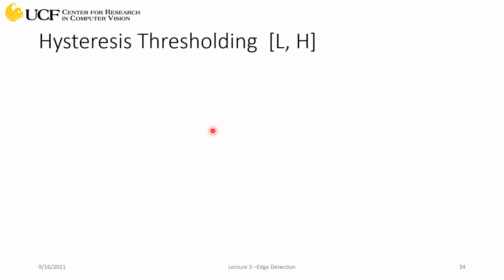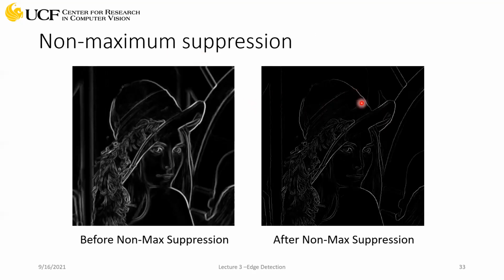Now, the second concept was hysteresis thresholding, and again, this is a very interesting concept. Earlier, whatever magnitude we were getting for these edges, we would do some analysis or run some statistics. There were some suggestions from someone, I don't remember who, that based on some statistics we can come up with a threshold.